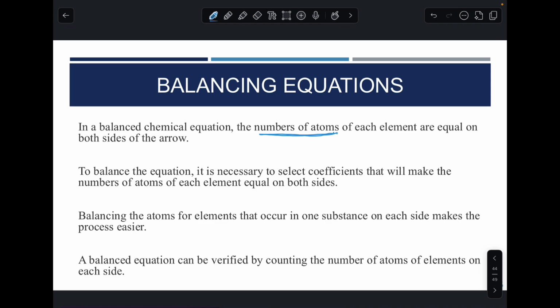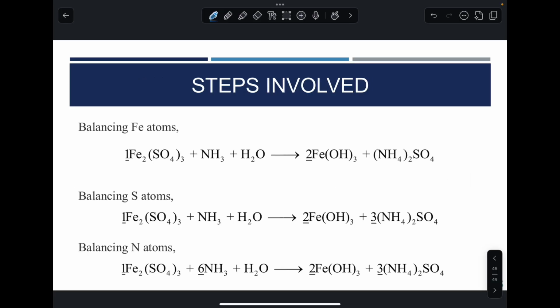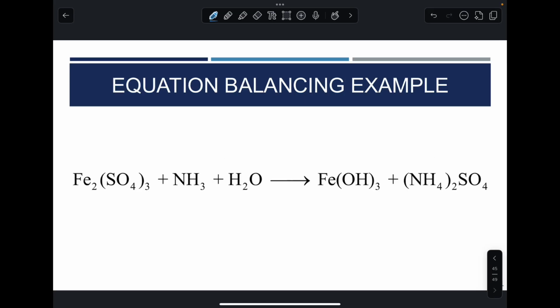We can verify our work by counting the number of atoms of each element on each side once everything has been balanced. Okay, so let's give this one an example. On the next page, we're going to break down exactly how to do it, but let's continue.